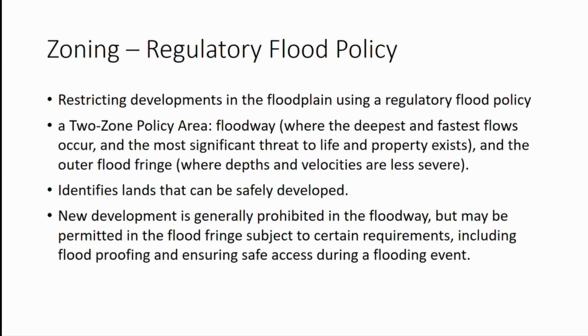With such a policy, the floodplain is divided into two zones, one being the floodway and the other being the flood fringe. Once a design flood is selected in the policy, a 100-year flood or 500-year flood, we delineate that zone.